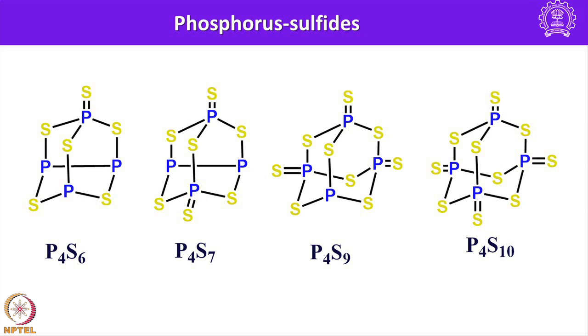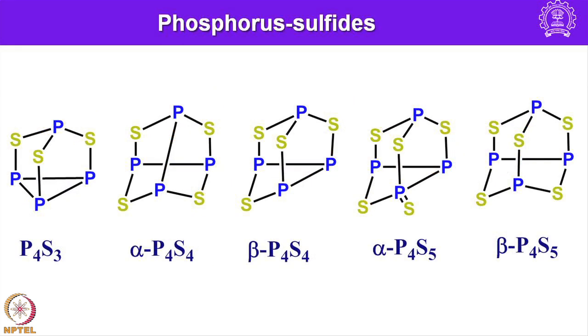In the case of P4S10, you can see it is very similar to P4O10. And you can see here P4S3, we have 3 P-S-P bonds, and in P4S4, of course, another P-P bond is broken. We also have a different one, beta P4S4, in which we have 1 P-P bond intact and one of the phosphorus in the pentavalent state.